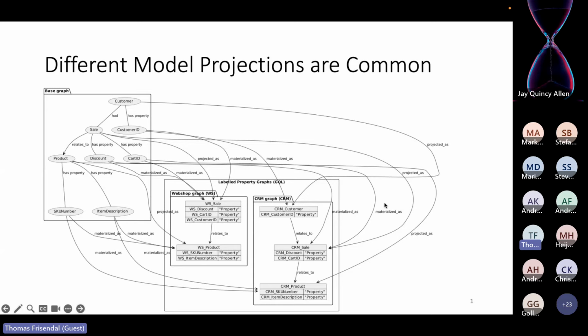And this could just as well be SQL or other property graph representations, or actually any data model that you like.